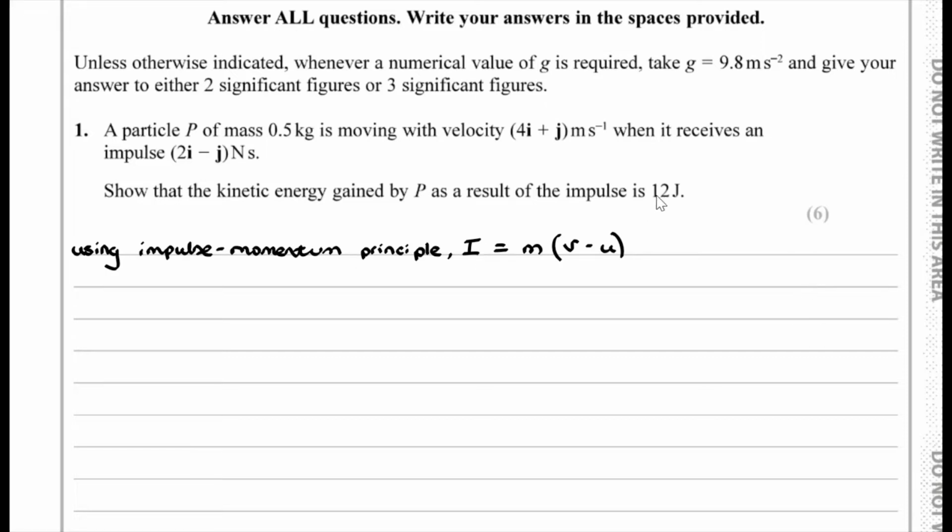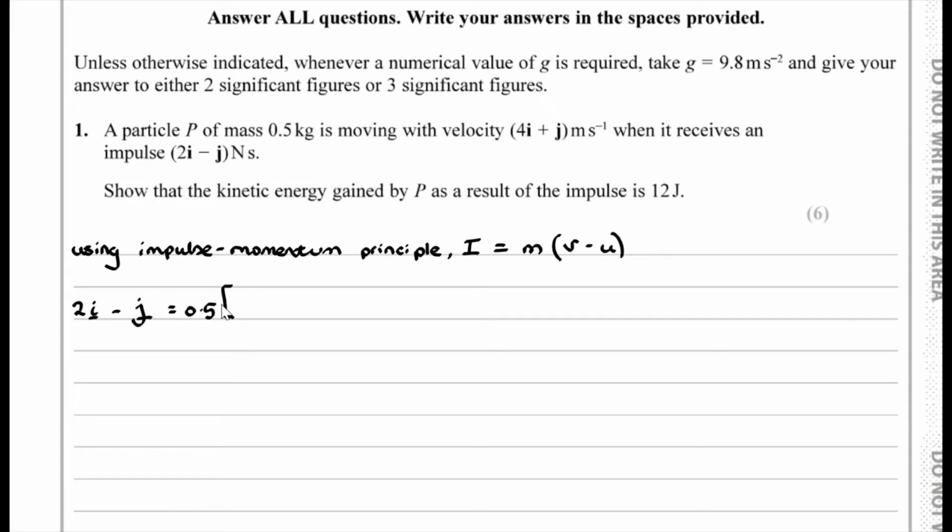We know our impulse is 2i - j, and this is equal to m, which is 0.5, multiplied by the change in velocities.